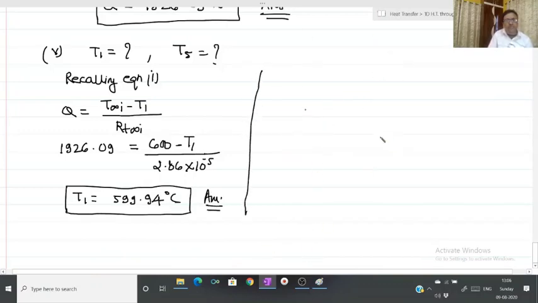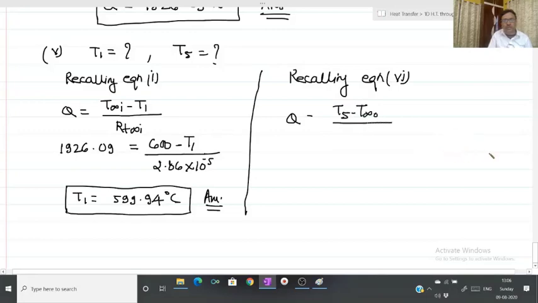Similarly, recalling equation 6. Q is equal to T5 minus T infinity O over RT infinity O. The value of Q is 1926.09.